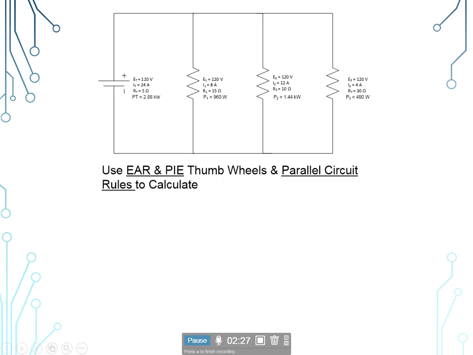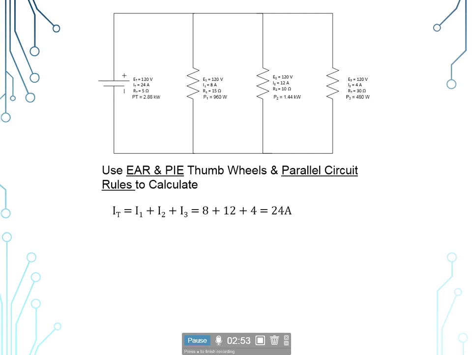We'll be using the Ohm's law and pie thumb wheels we discussed in part 2, and then the parallel circuit rules that you just viewed. In a parallel circuit, it's a little bit opposite from what the series is on some of our rules. In a parallel circuit, the total current is the sum of the individual branch currents.